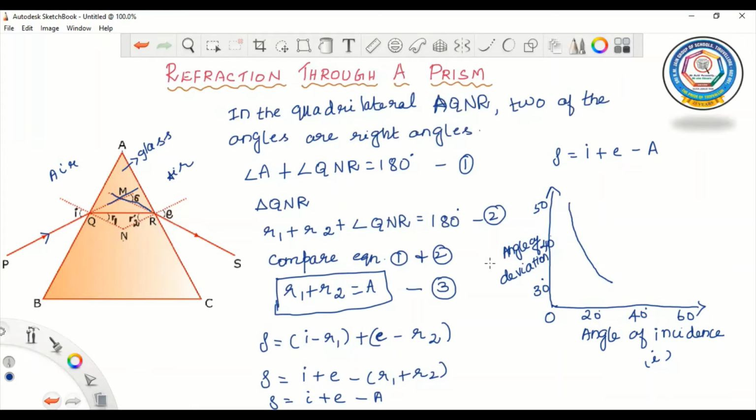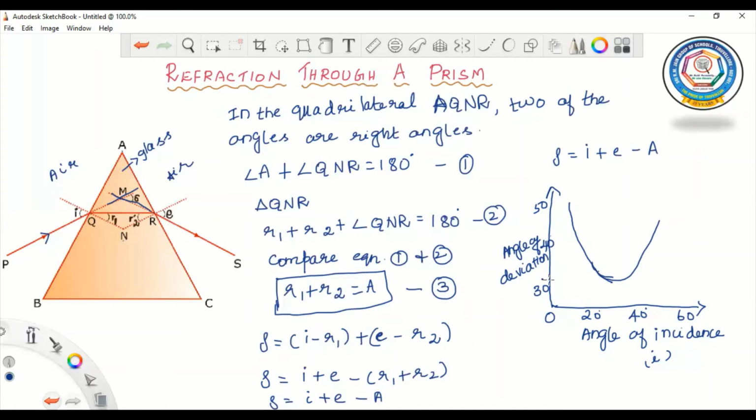The deviation produced goes on decreasing till it is minimum, and thereafter it goes on increasing again. It will decrease, then it will start increasing. Okay. And there is one particular angle of incidence corresponding to which the angle of deviation is minimum.